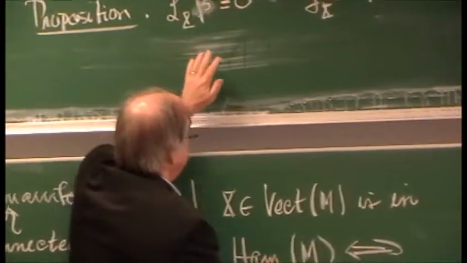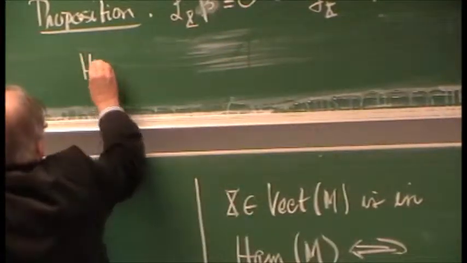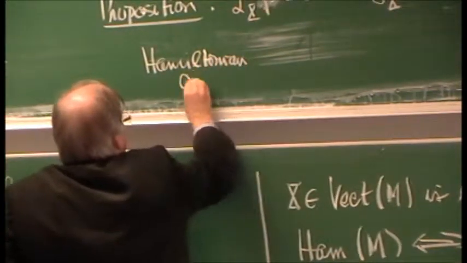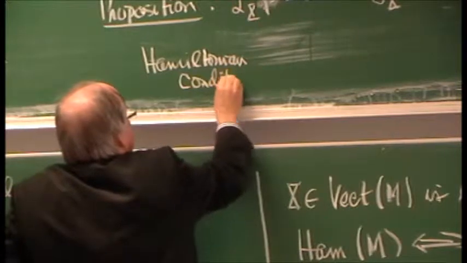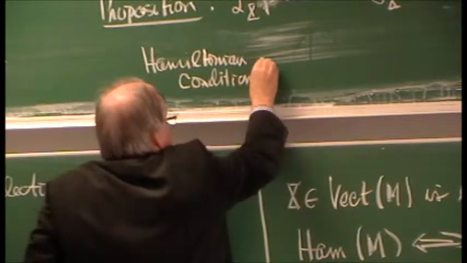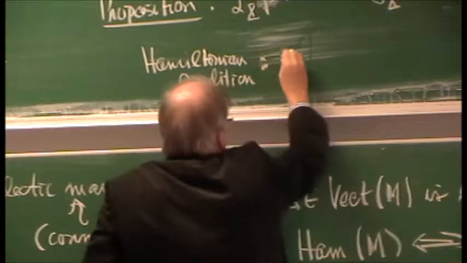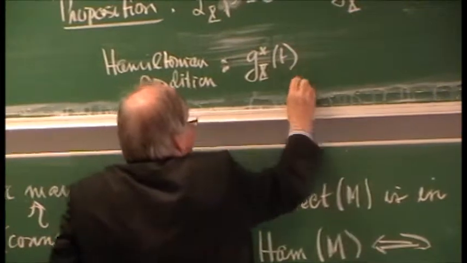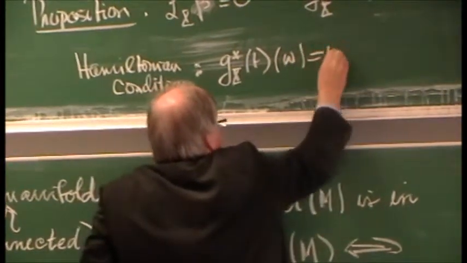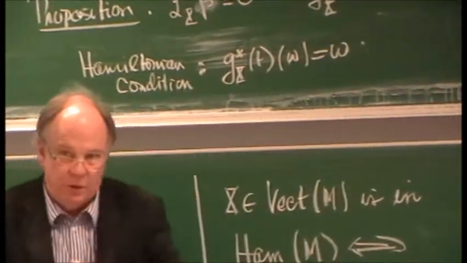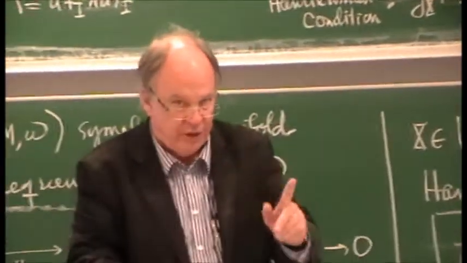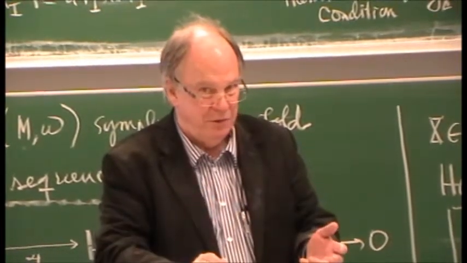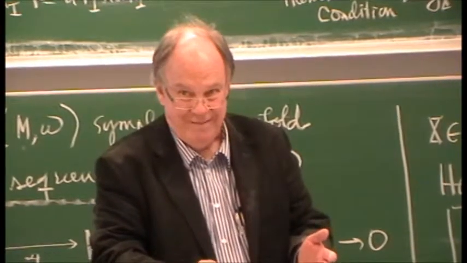The Hamiltonian condition really means that this doesn't change the symplectic form. So the local flow of the Hamiltonian field does not change the symplectic form. In the lingo of physics, area is preserved. Okay?